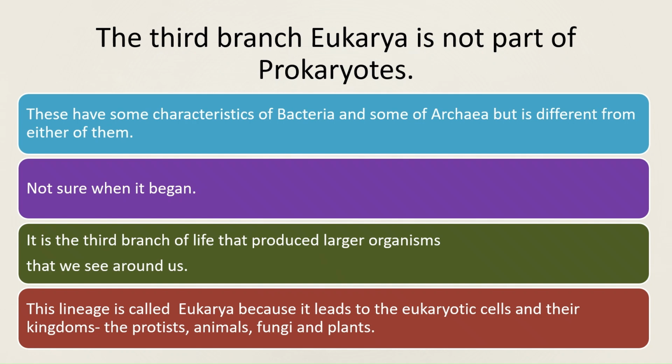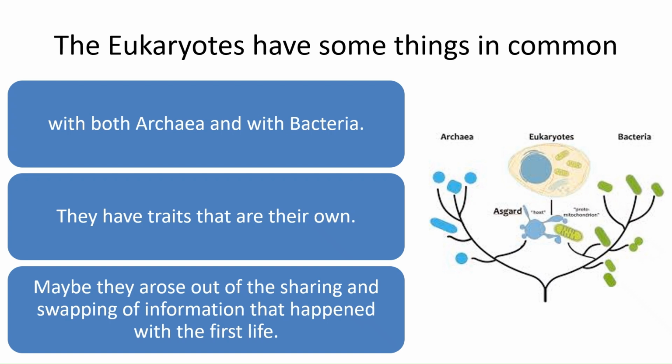This lineage is called Eukarya because it leads to the eukaryotic cells and their kingdoms, that is, the protists, animals, fungi, and plant kingdoms. The eukaryotes have some things in common with both archaea and bacteria. They have traits that are their own. Maybe they arose out of the sharing and swapping of information that happened with the first life.